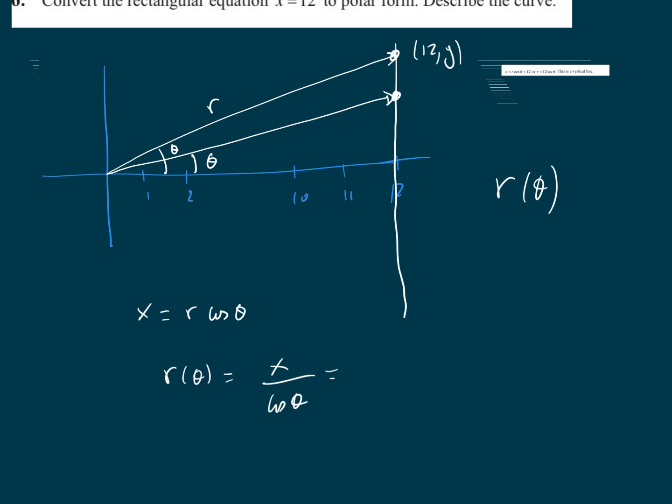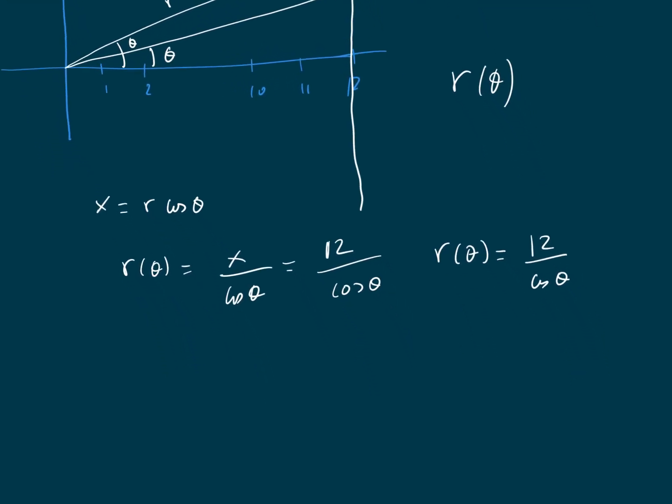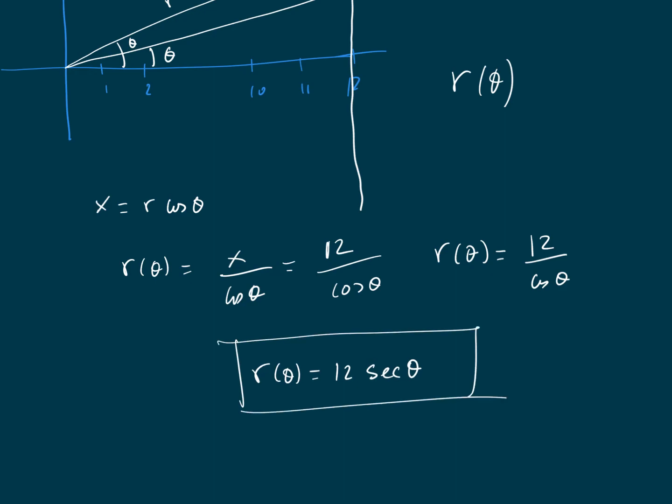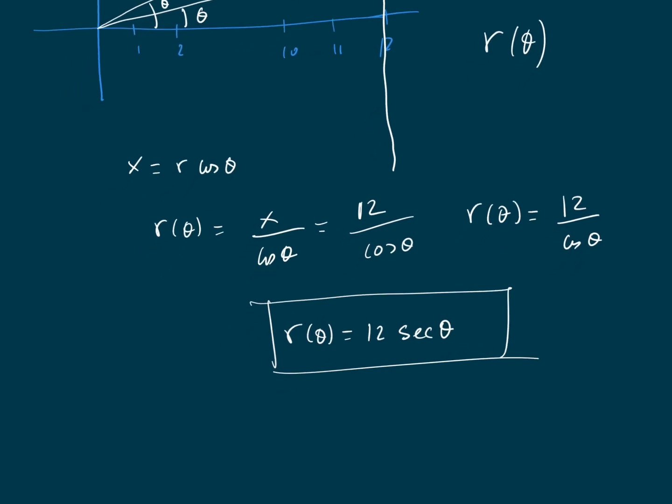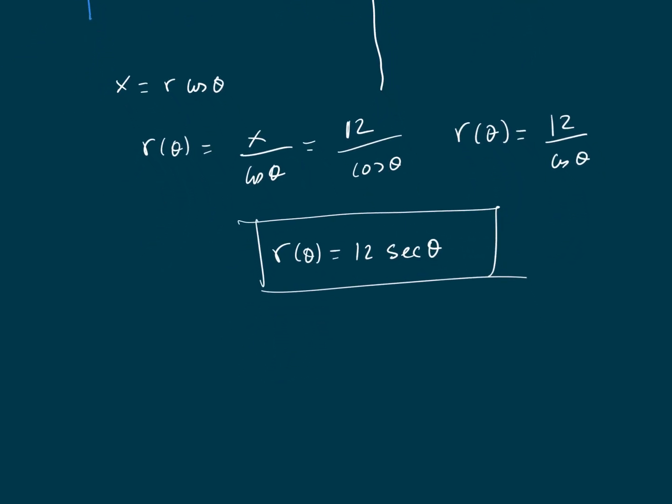But the x is the 12, and cosine of theta is what I have. So I have that r of theta is 12 divided by cosine of theta, or in other words, r of theta is 12 secant theta. So the polar equation of a vertical line in Cartesian coordinates is 12 secant theta.